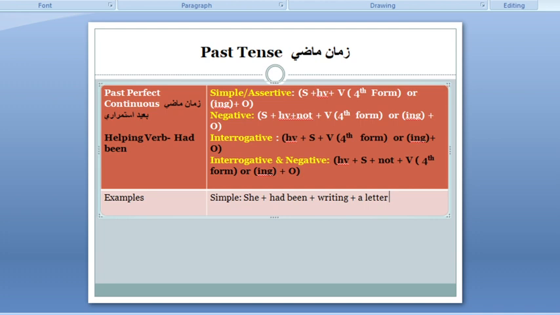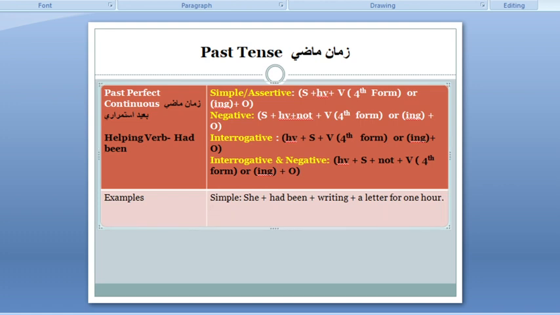But here we have to indicate the point of the time. Now the point of time for 1 hour. Okay, so it means she took 1 hour to write a letter. So she had been writing a letter for 1 hour.